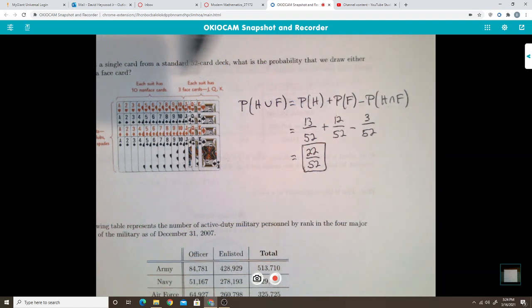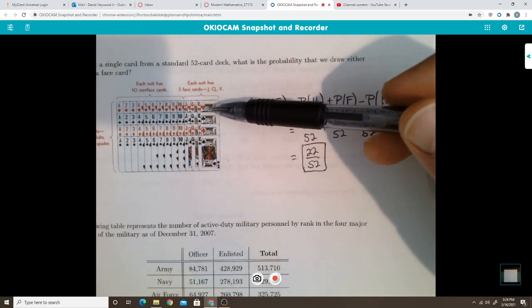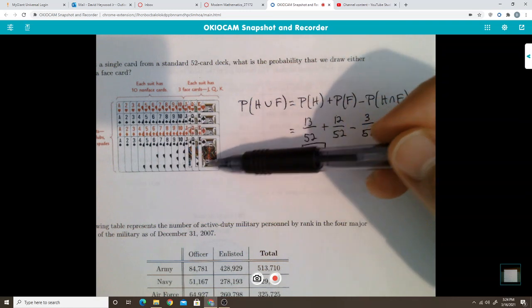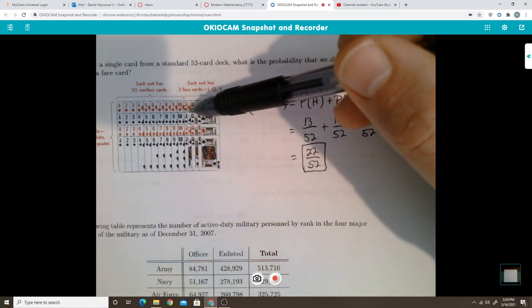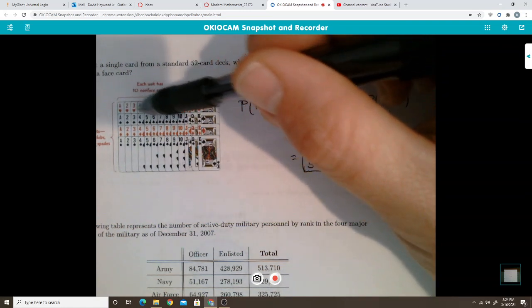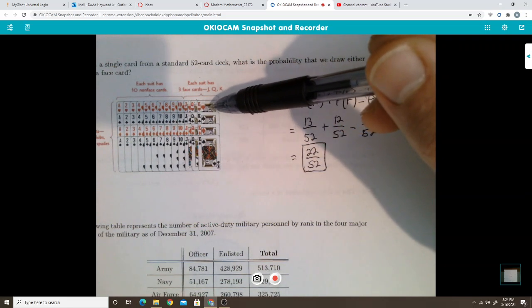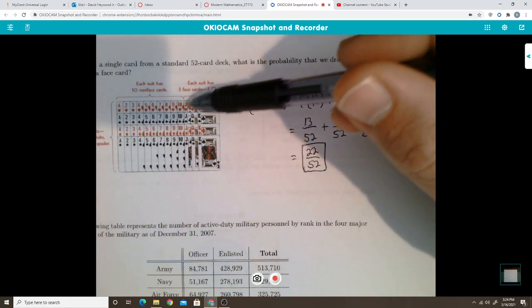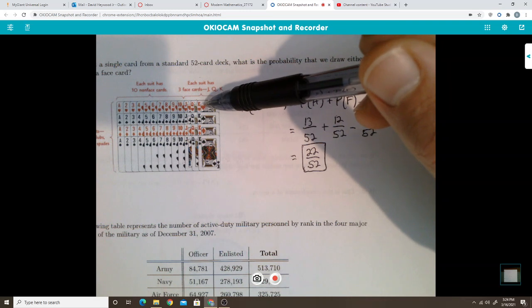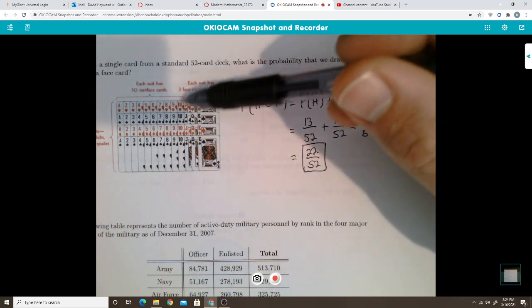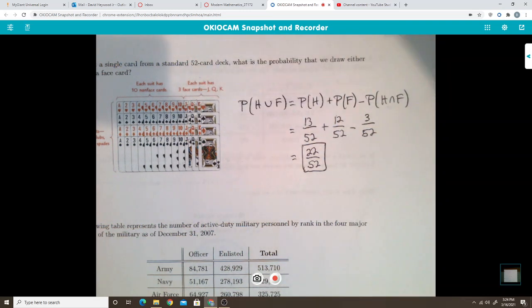Because if you count the number of cards that are hearts, you get 13. And if you count the number of face cards, you get 12. But then you've double counted these 3 cards. You counted them once with the hearts, and again with the face cards. Since you double counted them, you need to subtract off those 3 so that you're really only counting them once.